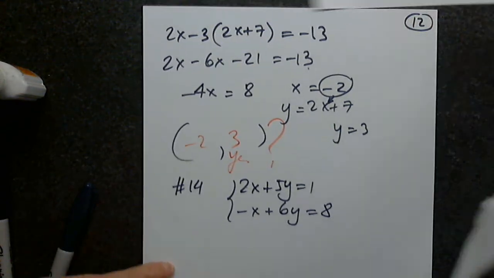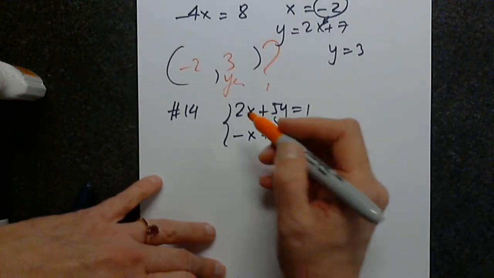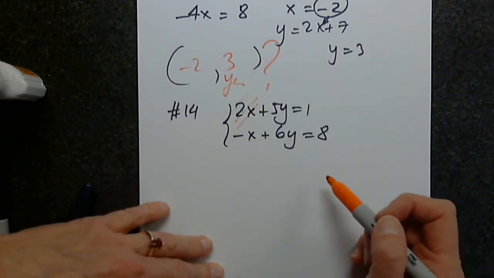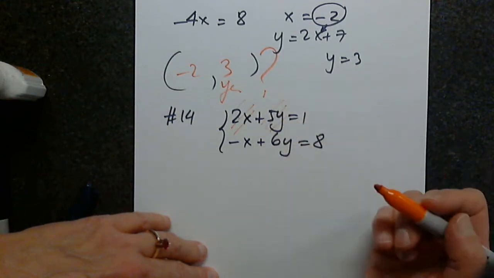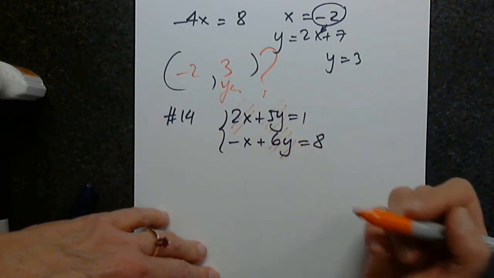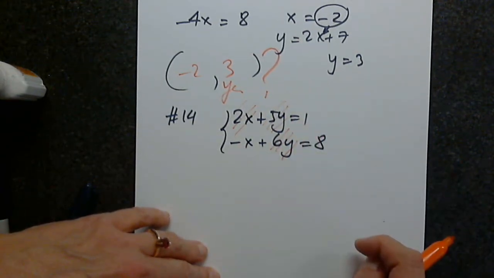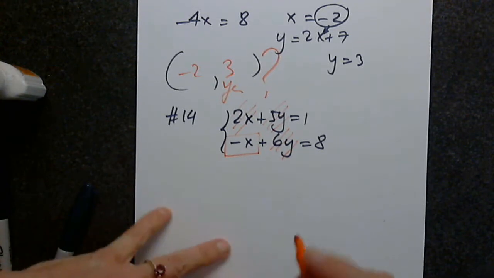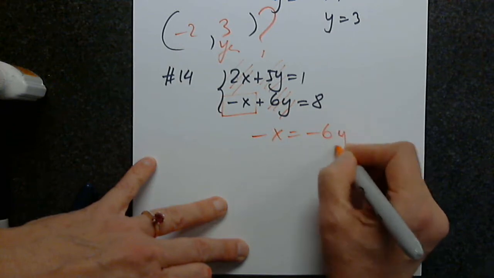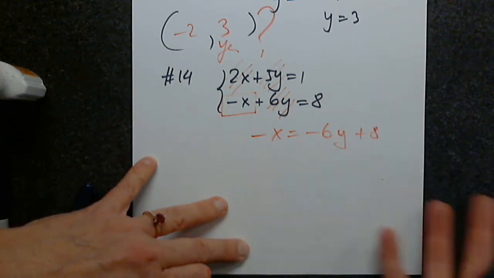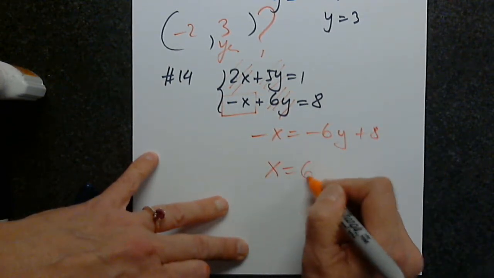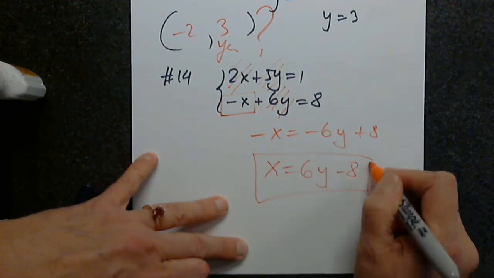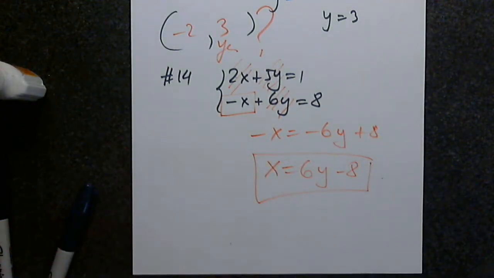Will I solve the first equation for this? No. For this? No. Will I solve the second equation for this? No, because I'll have a fraction, and I don't want to deal with fractions. The only one that I consider solving for is negative x. So negative x equals negative 6y plus 8, and multiplying by negative 1, I get x equals 6y minus 8. This is what works.